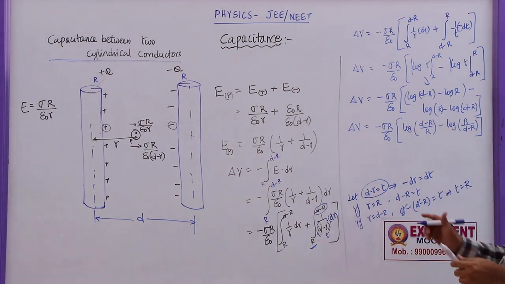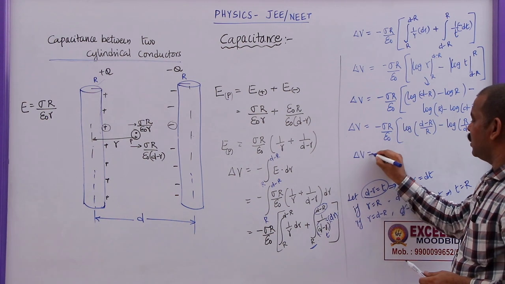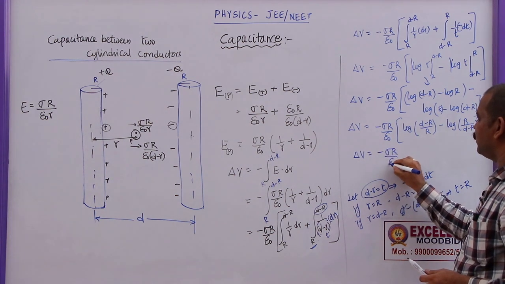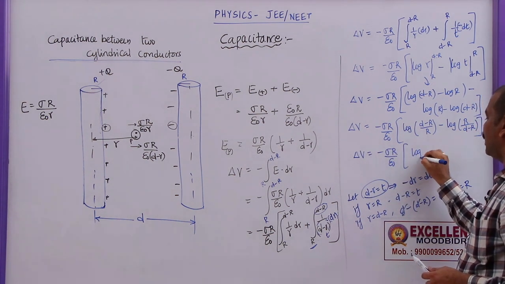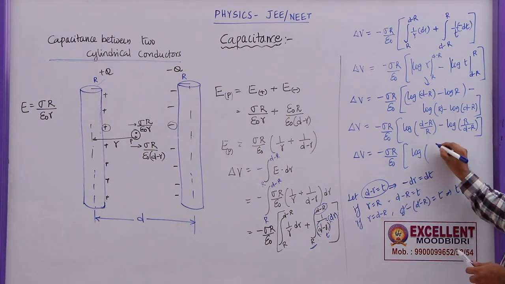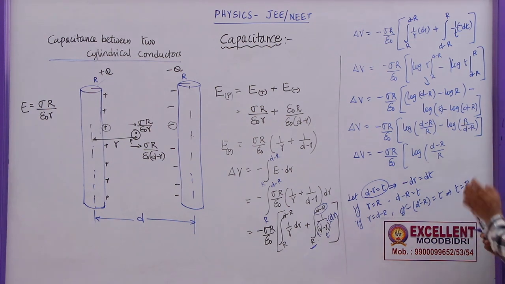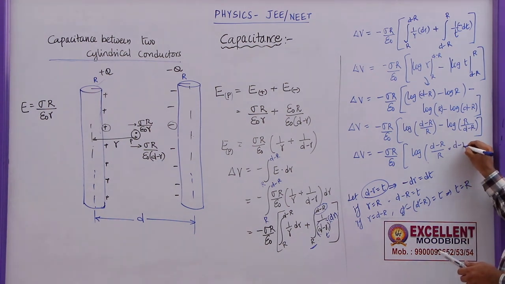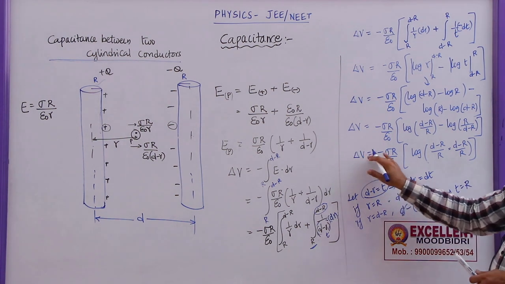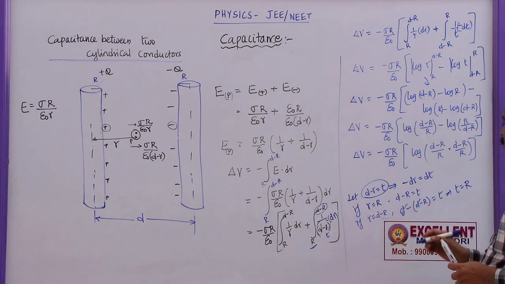Once again, you can write log a by b. So, delta V will become minus sigma r by epsilon naught log this by this, that is d minus r by r by d minus r will become once again d minus r by r. So, this is the potential difference between the two cylinders here.